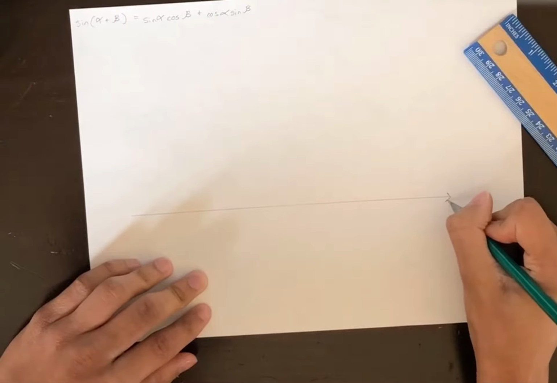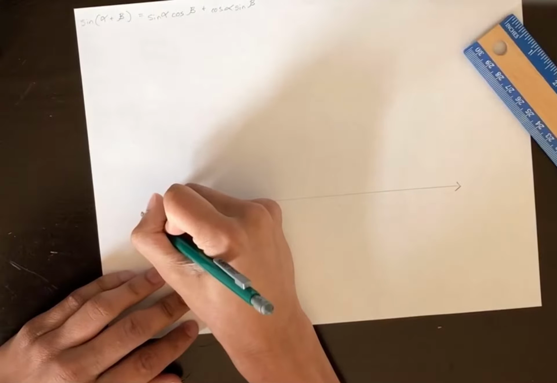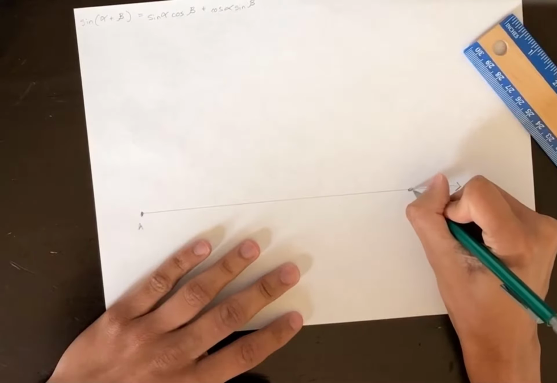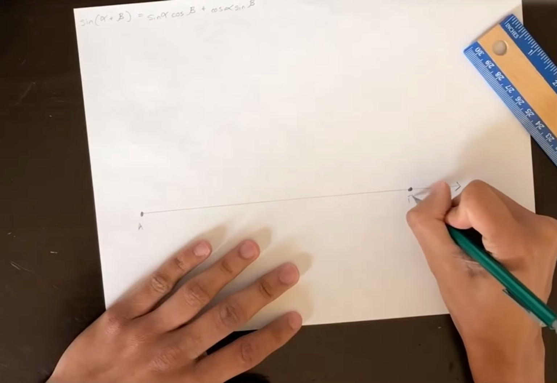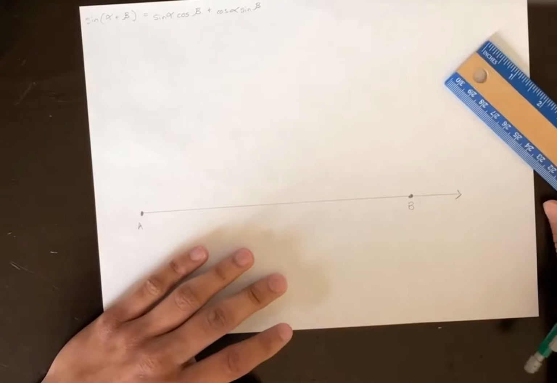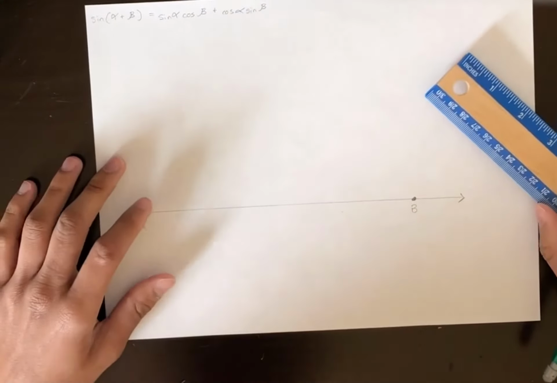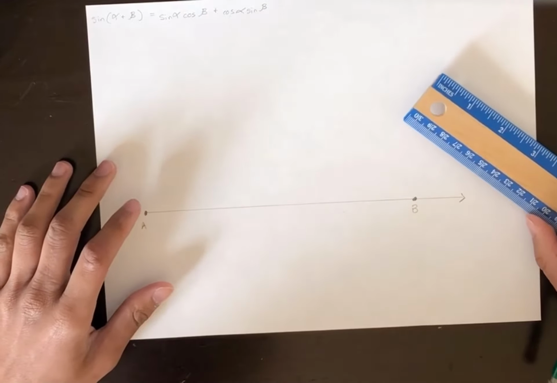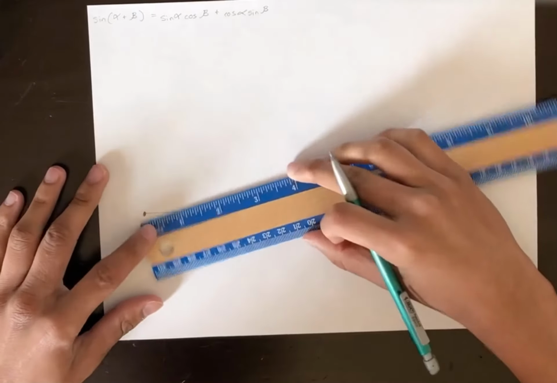So here we have our line, this point, like I said, A, and here we can put B. Next, you want to make a rotation, and that'll create angle CAB, another ray.